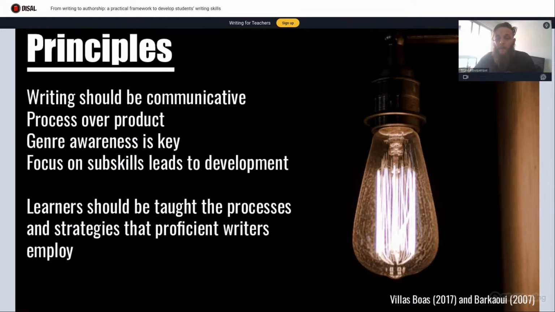Yeah. Process over product. Isabella mentions that when dealing with the process genre approach, the process of writing is very important. It's the most important, but the product is also very important.